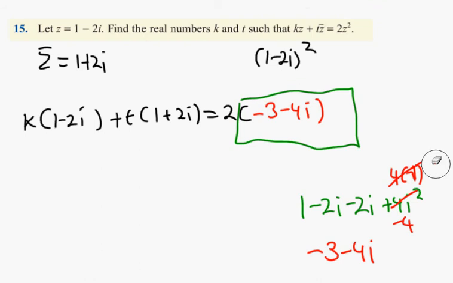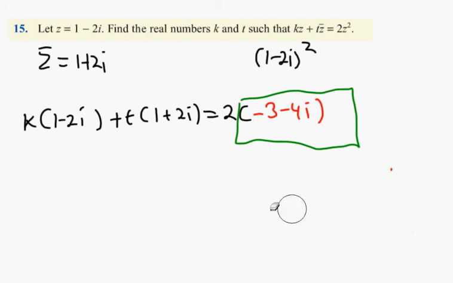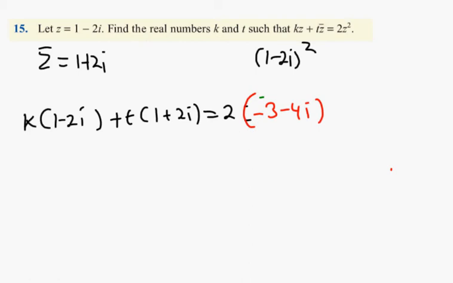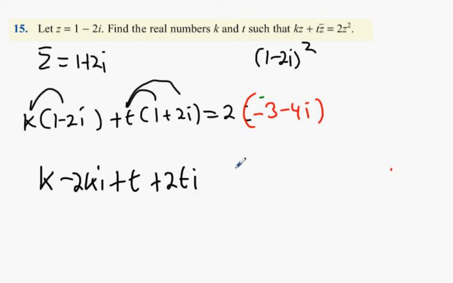Everybody alright with that? Now, we're going to multiply both sides out. We get k times 1, k. K times 2i, 2ki. T times 1, plus t. T times 2i, 2ti. 2 times minus 3, minus 6. 2 times minus 4i, minus 8i.